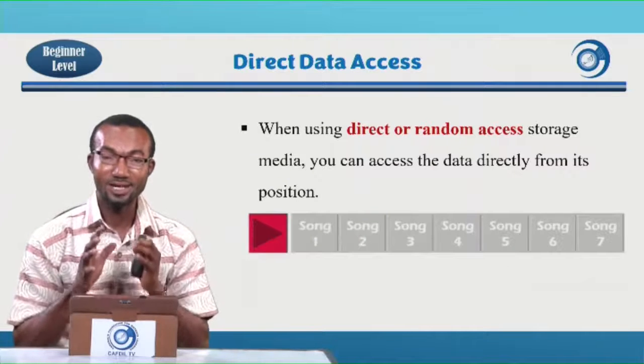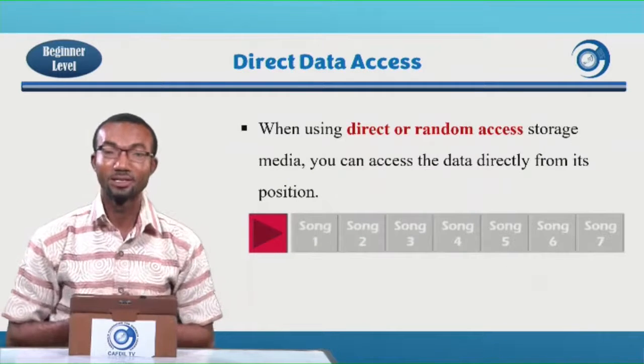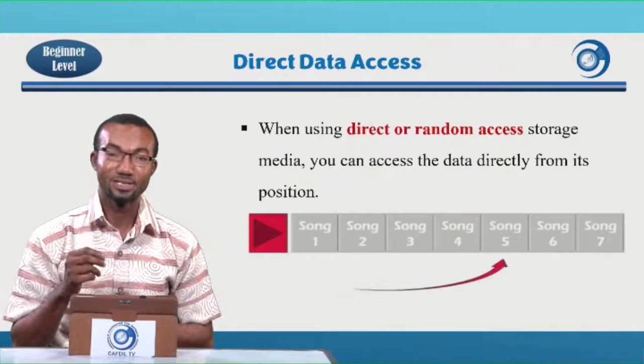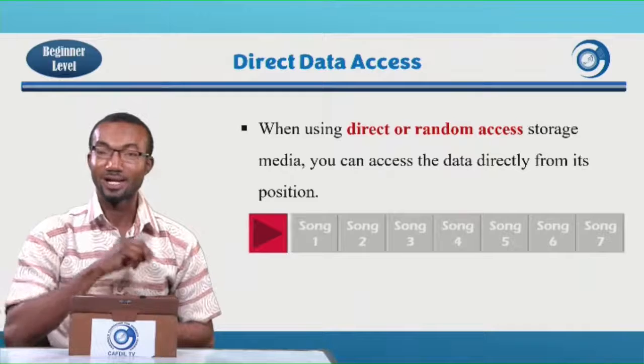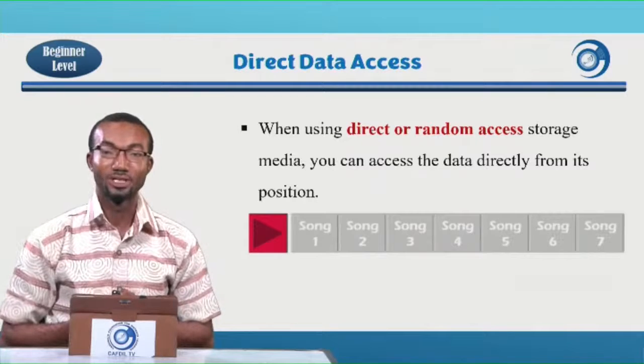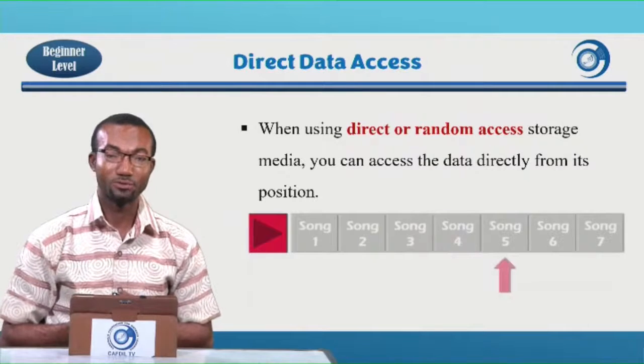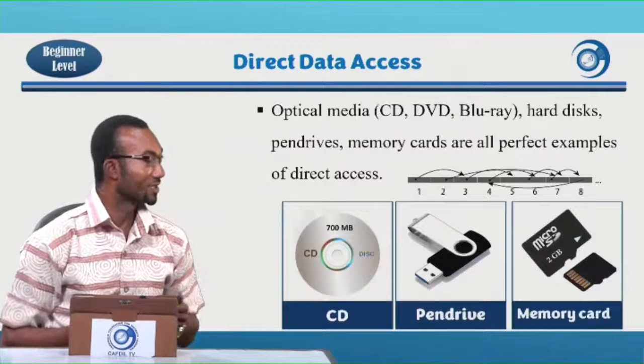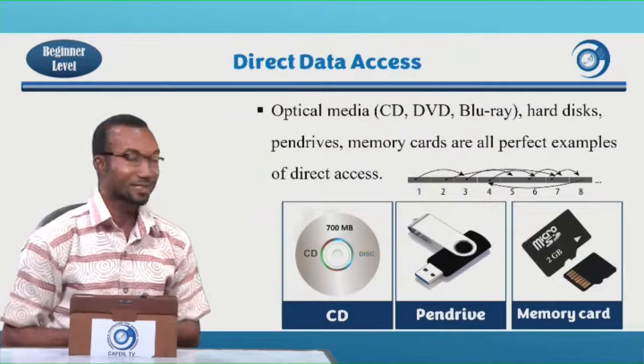And if you are using that type of storage media, then we call it direct access storage media, because you can directly go to the record that you are looking for. So what are some of the examples of this direct access? We have CD, that's a compact disc.